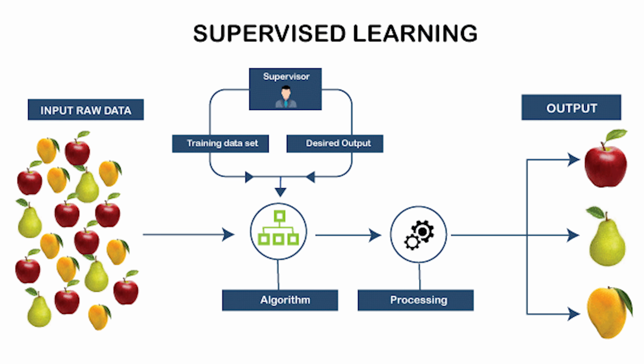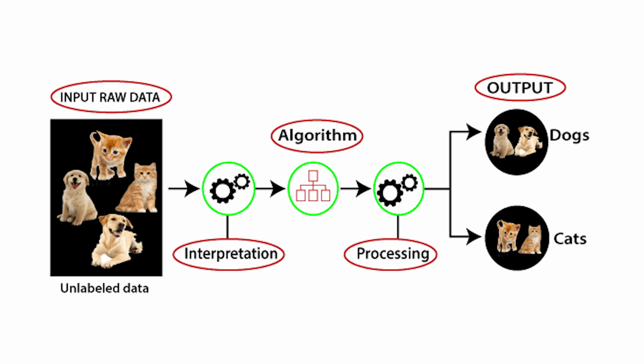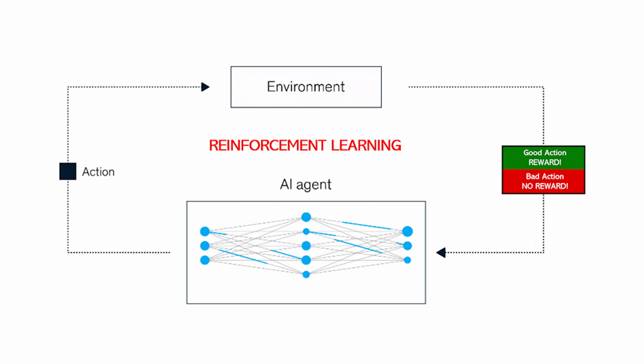There are different types of machine learning. The most common one is called supervised learning, where we train the model using labeled data like the spam examples. There is also unsupervised learning, where the system tries to find patterns in unlabeled data. For example, grouping customers by behavior. And there is reinforcement learning, which is a bit different.